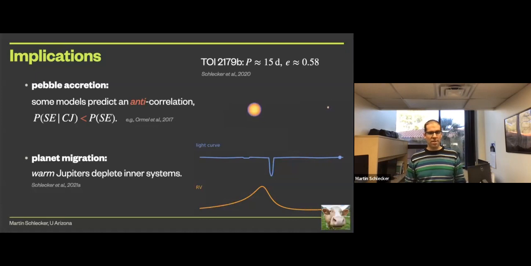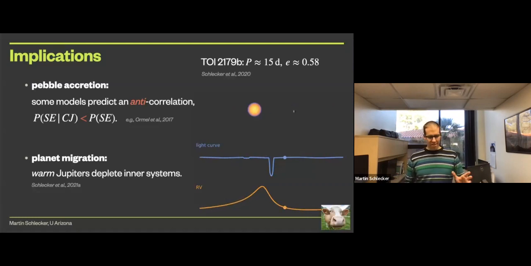This is a very eccentric, 15-day orbital period warm giant planet that we have discovered with TESS data. And indeed, we found that no stable orbits interior of it for any super Earth are possible in this system. So this might be one example of such a highly dynamically active giant planet. And who knows, maybe there was a nice, beautiful system of super Earths before, but it was removed by this rather aggressive intruder.